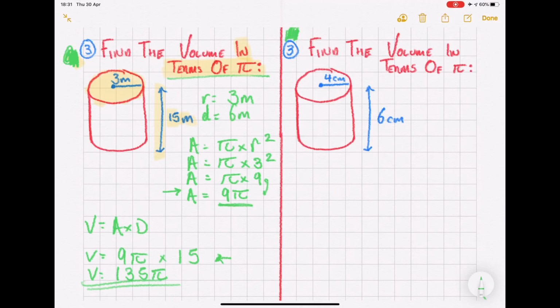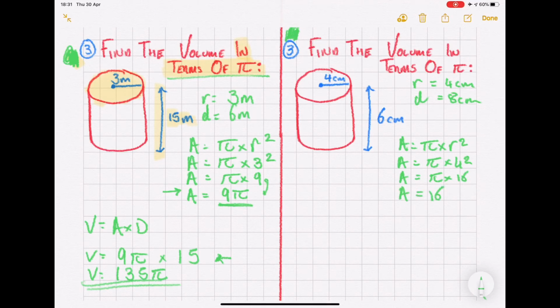Okay, fantastic. So let's go through it. Radius, diameter, 4 centimeters, 8 centimeters. Area equals pi times radius squared, pi times 4 squared, pi times 16, therefore the area is 16 pi. Okay?